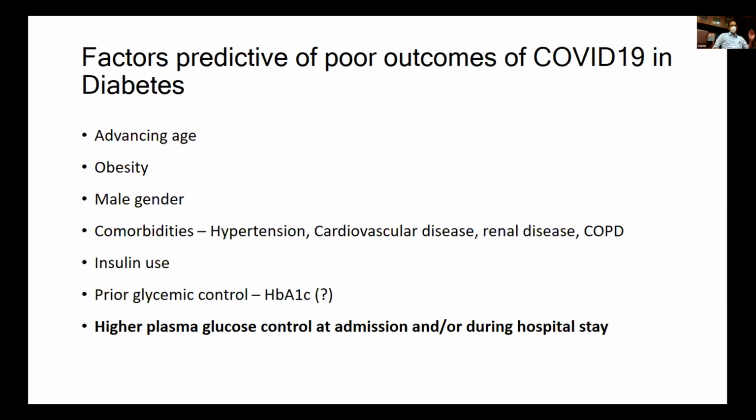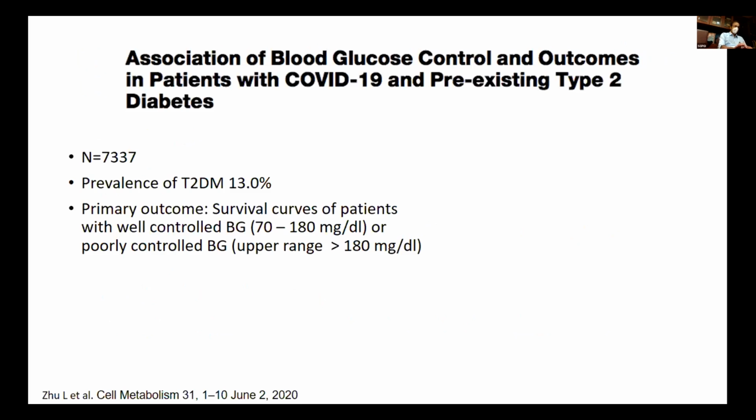Those who are involved in the management of COVID patients might have seen that when these patients come to hospital, they usually have a very high blood sugar. If these blood sugars are not controlled, there is a very good chance that those patients will have a severe disease. It is well proven in a very large study.